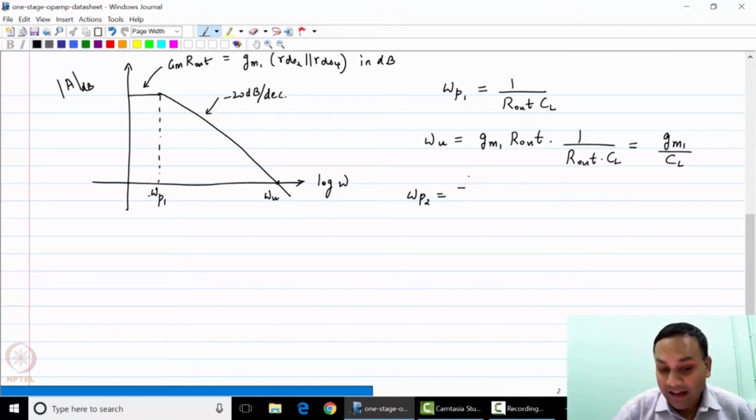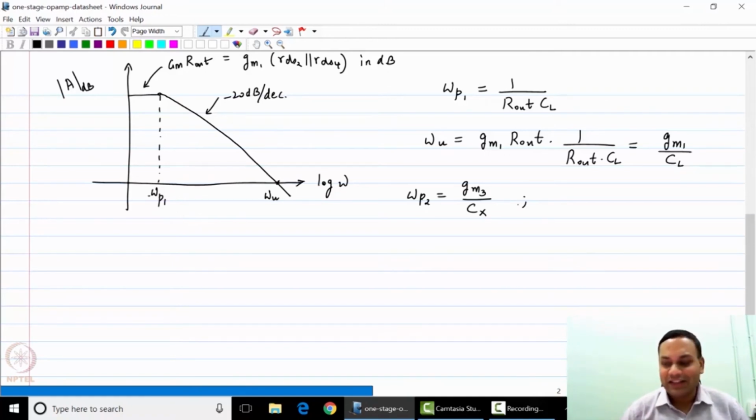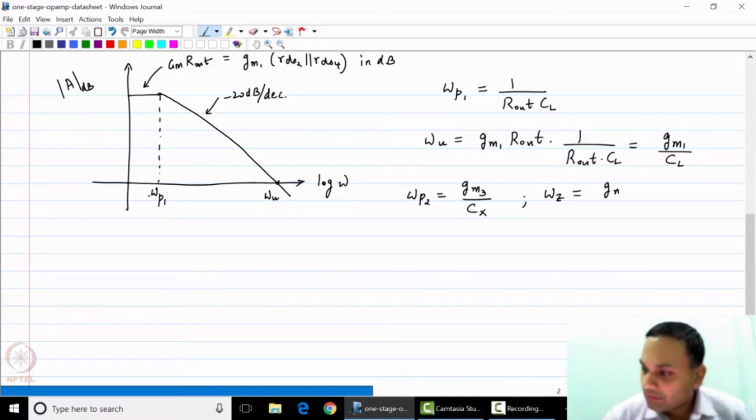Since we are plotting only for positive frequencies, I'll just show the positive value. It happens to be a left half plane pole, but I will only show the magnitude. It has a second pole at Gm3 over Cx. We have calculated this in a previous lecture, and it also happens to have a zero at 2 Gm3 over Cx.